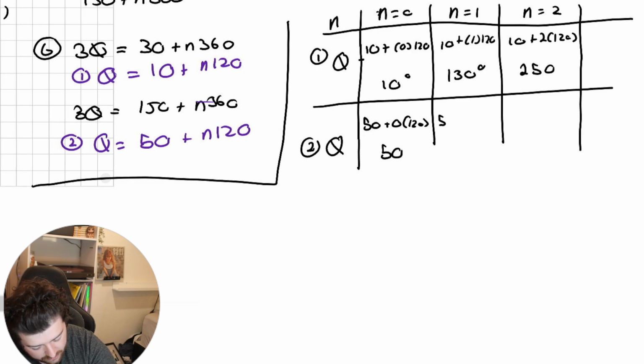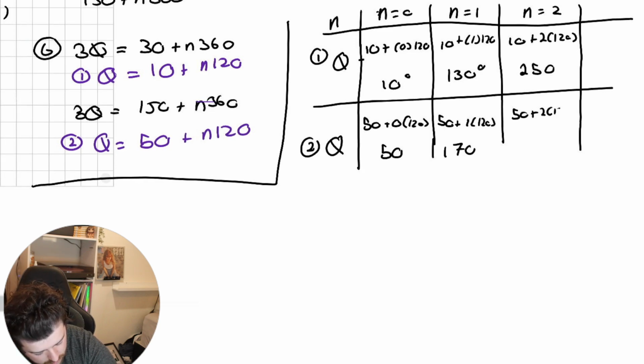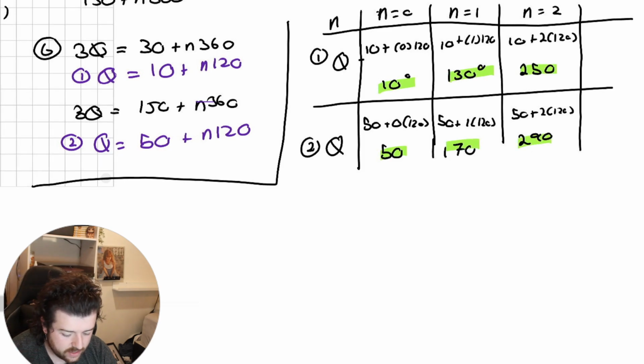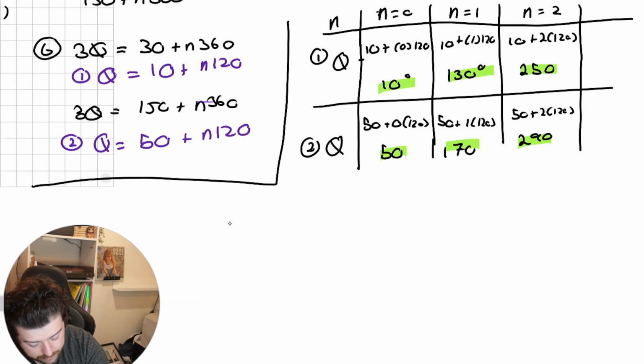Then I have 50 plus n times 120, which is 1 times 120, which is just 170. Then 50 plus 2 times 120, which is going to be 50 plus 240, which is 290. So my 6 solutions are 10, 130, 250, 50, 170, 290.